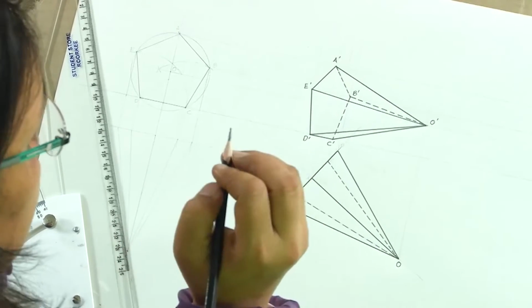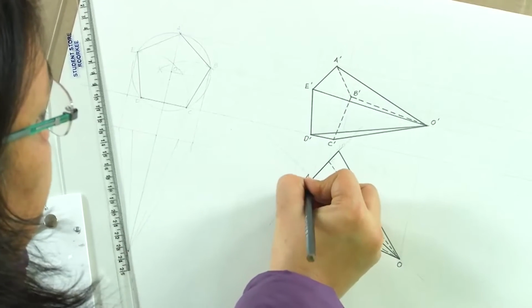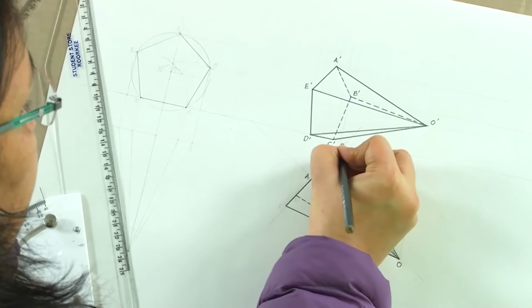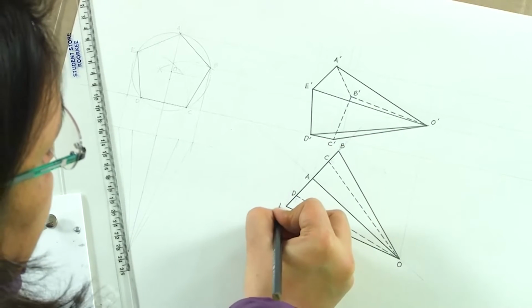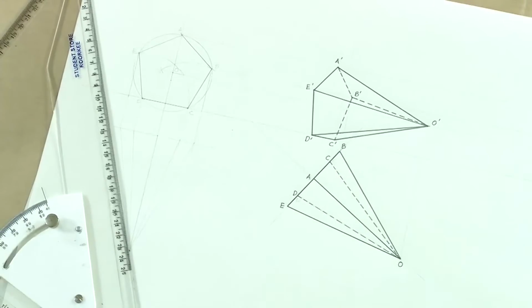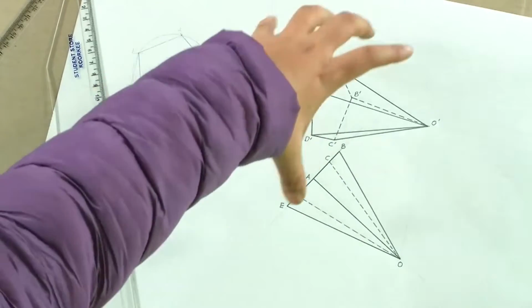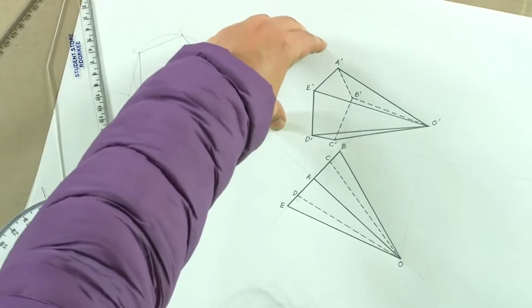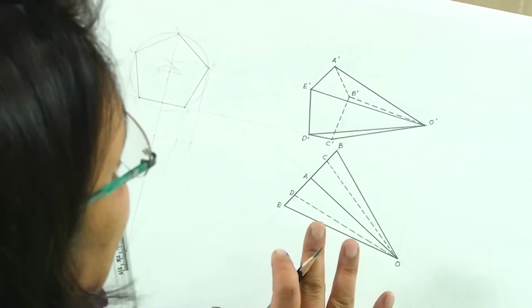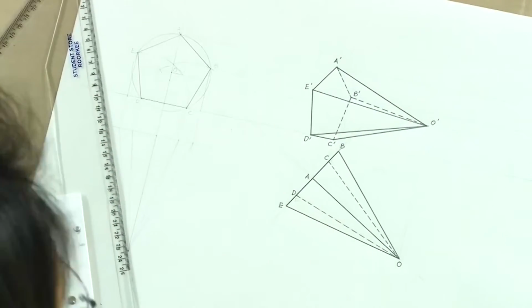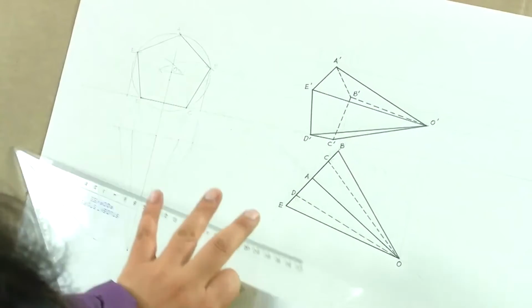The projections must match all the time. A, B, C, D and E. This is the final projection, the vertical projection, which is the front view, and the horizontal projection, which is the plan of this given cone.